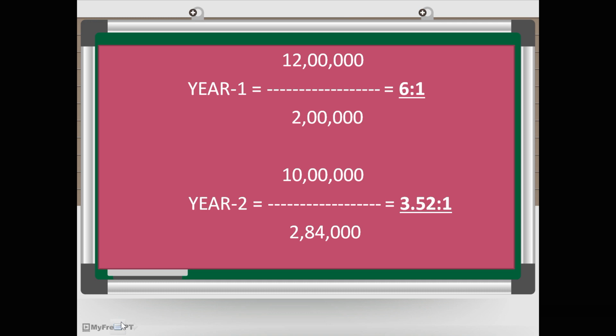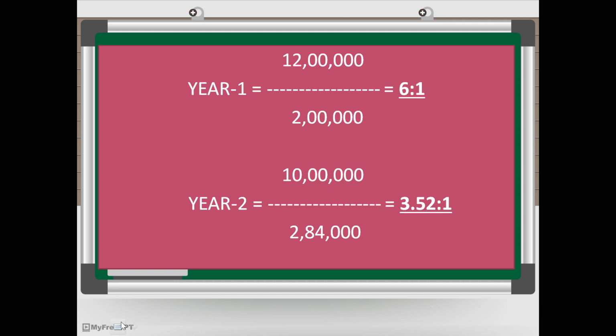And what about the second year? Say sales are 10 lakh and current assets for the second year are 2,84,000.